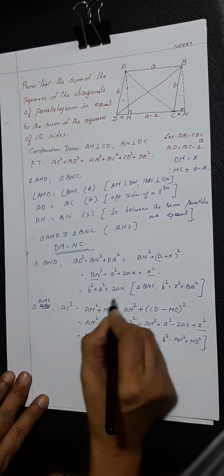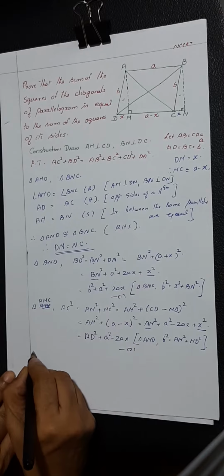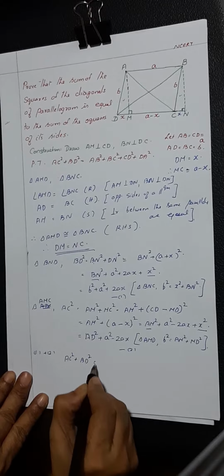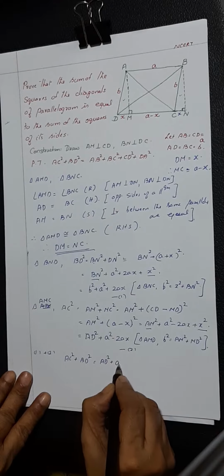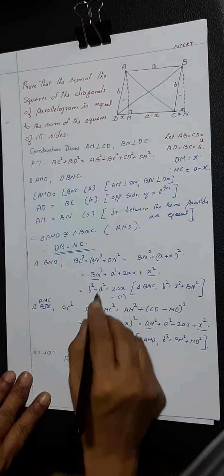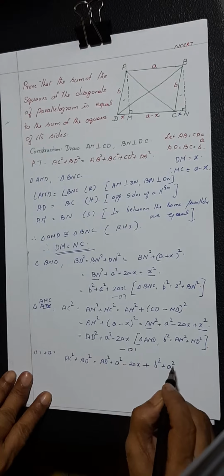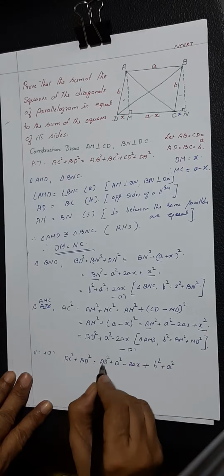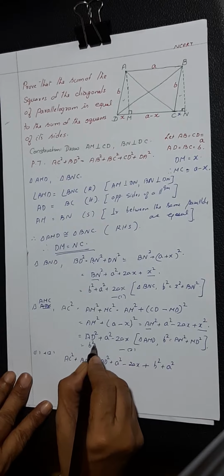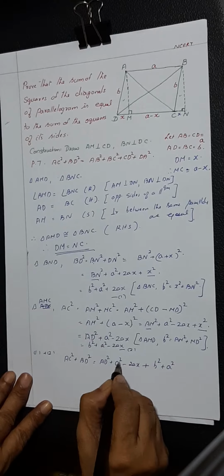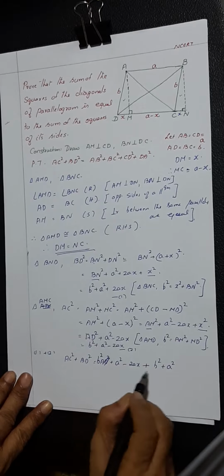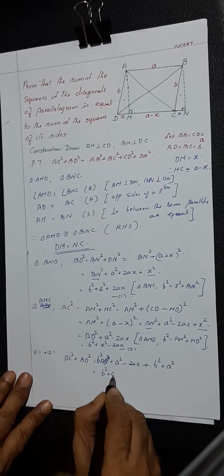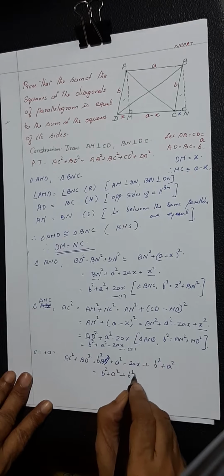Now adding 1 and 2, AC squared plus BD squared is equal to B squared plus A squared minus 2AX plus B squared plus A squared plus 2AX. The 2AX terms get cancelled, so it will be B squared plus A squared plus B squared plus A squared.